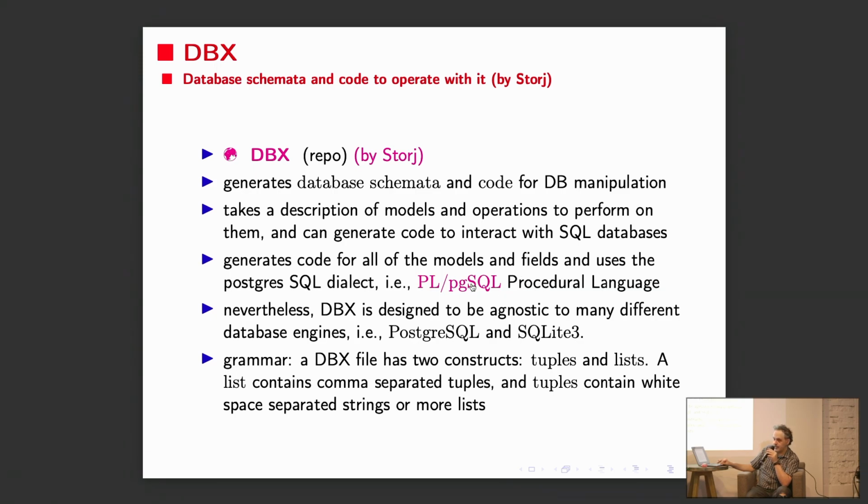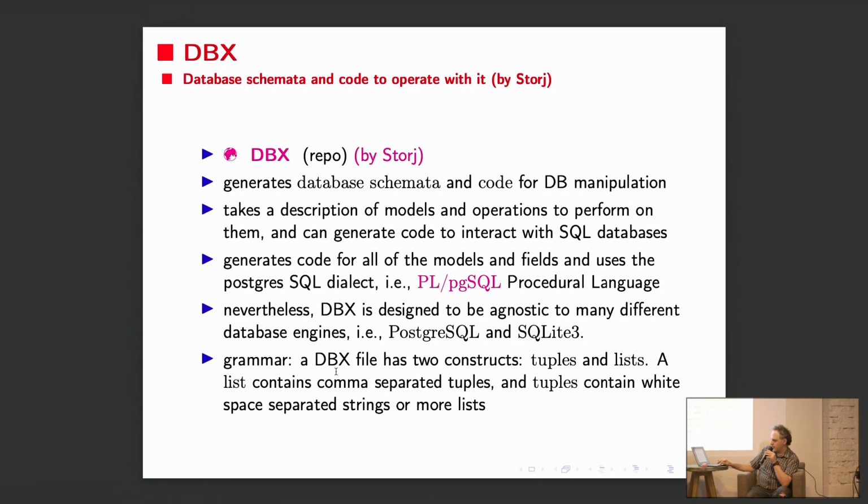And there is the link to the actual manual from the Postgres website. Nevertheless, DBX is designed to be agnostic to many different database engines. In fact, it is ready-made to interface with PostgreSQL and with SQLite 3, all right?